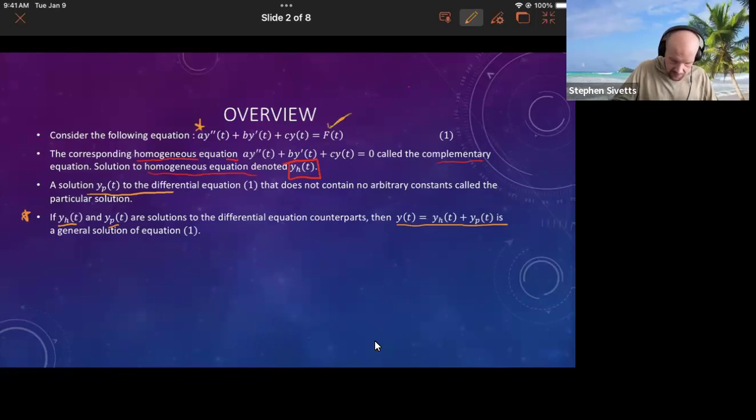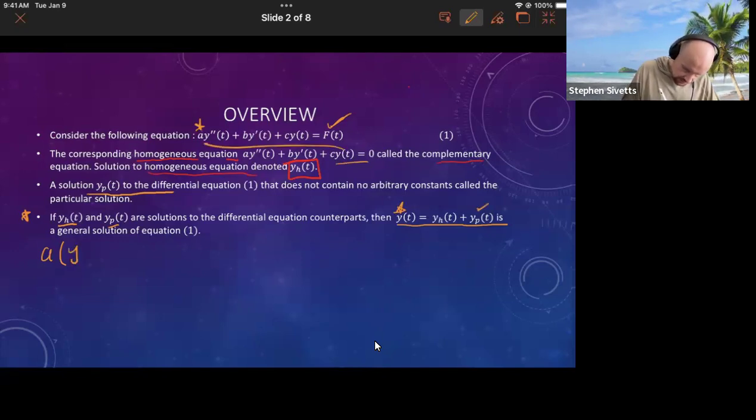I'll just show you. Suppose that y of t is this function, where y sub h of t is the solution for the homogeneous equation and y sub p of t is the solution for this equation.